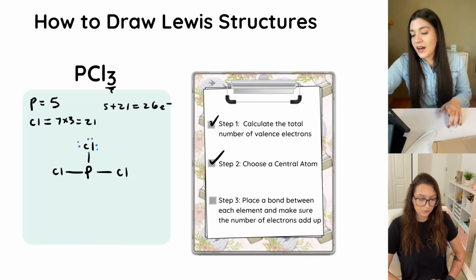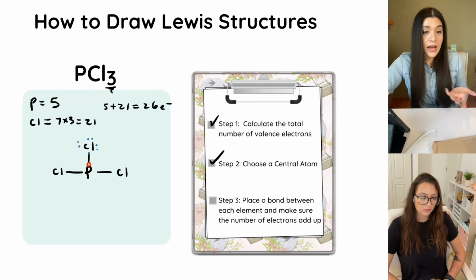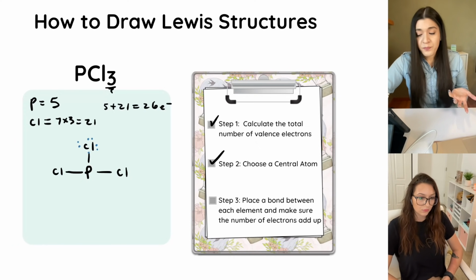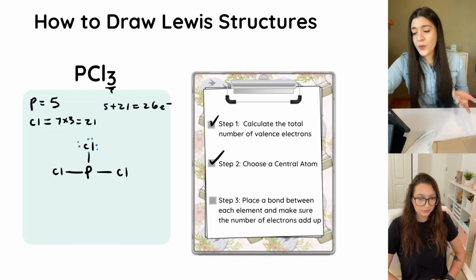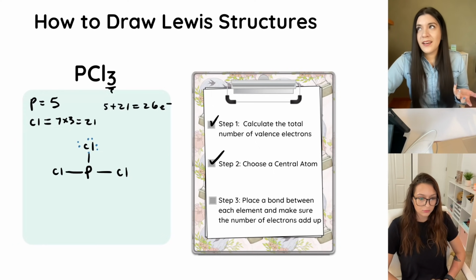Now, there's always going to be one here that's being shared with whatever element it's bonded to. And then there's going to be 2 electrons on every other side, essentially. So there's going to be 6 electrons, 3 lone pairs. These are the 3 lone pairs on the chlorine.